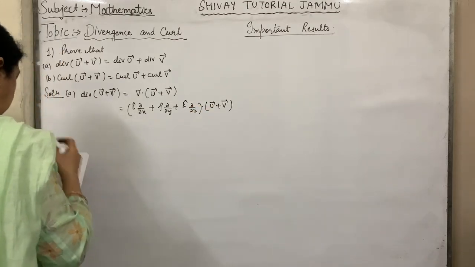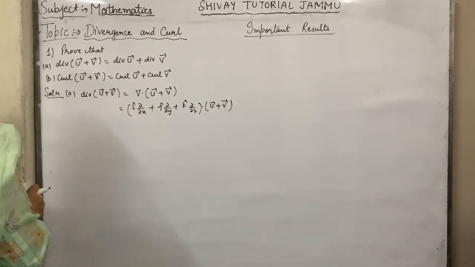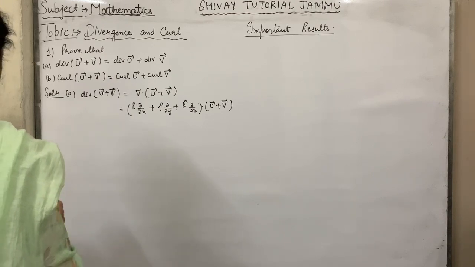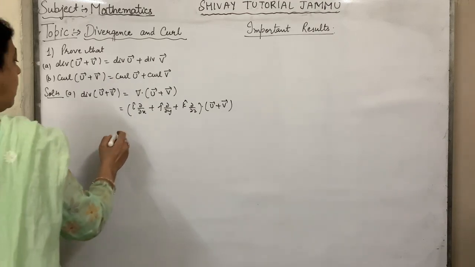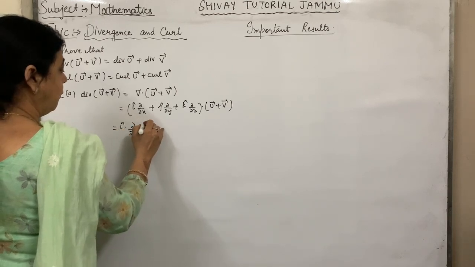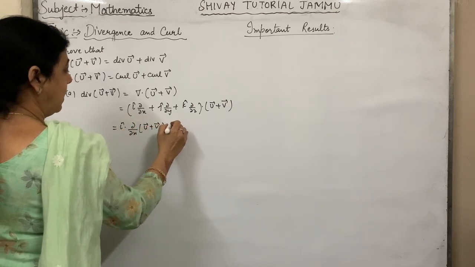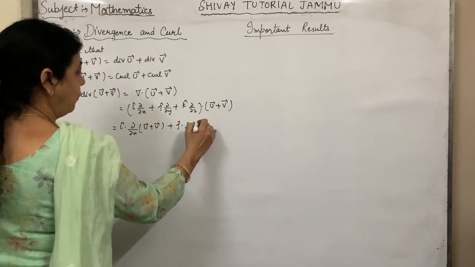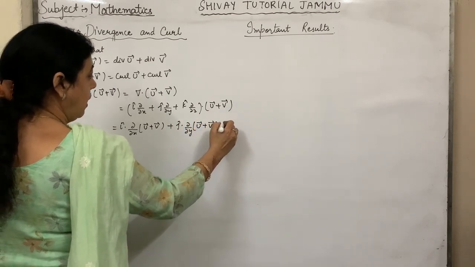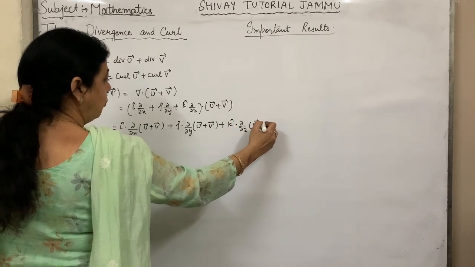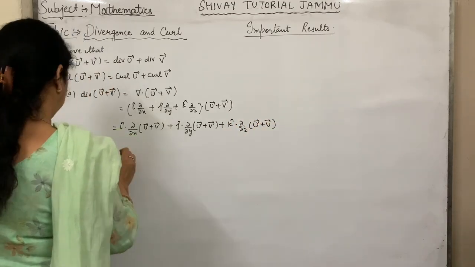Now I will do the dot product of this firstly with u and then with v. So I will get i dot ∂/∂x of (u plus v) plus j dot ∂/∂y of (u vector plus v vector) and k dot ∂/∂z of (u vector plus v vector).